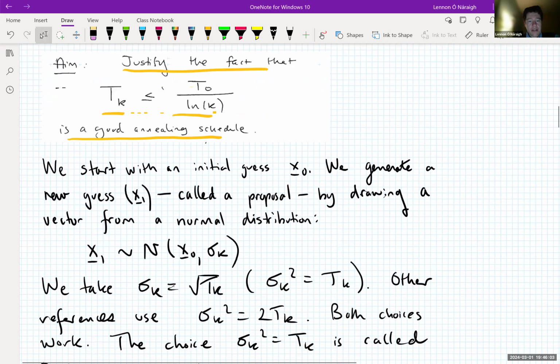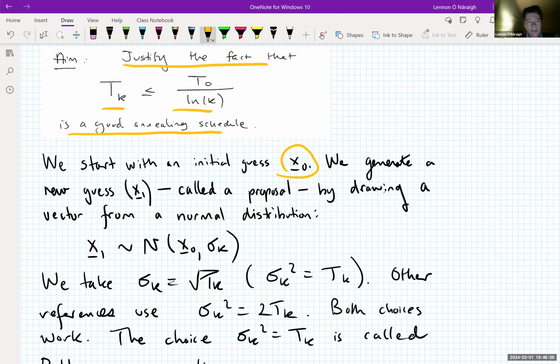So the strategy here is to start with an initial guess, x0, and we generate the new guess, a proposal, by drawing a vector or a state from the normal distribution. So x1 will be normally distributed around a mean of x0 with standard deviation sigma k.